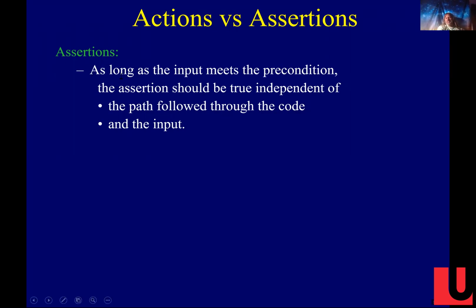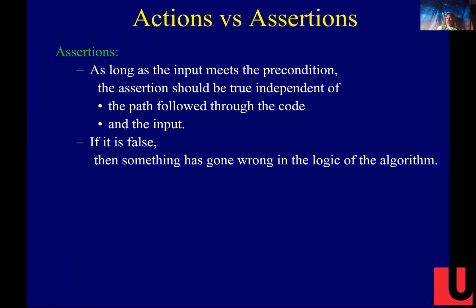And I added this little caveat at the beginning: if the input doesn't meet the precondition, then all bets are off. But as long as the input meets the precondition, then the assertion should always be true, no matter what path you follow, no matter what the input is. Does that make sense? I didn't have that line before and that confused people. If it's false, then something's gone wrong.